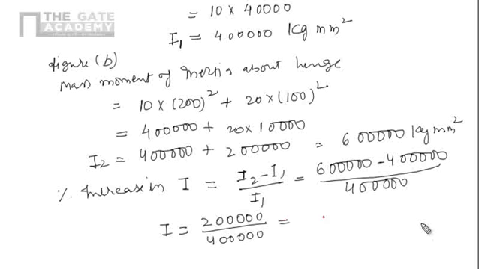It will be 2 by 4, so 1 by 2, which is 0.5, meaning 50%. The correct answer is 50%.